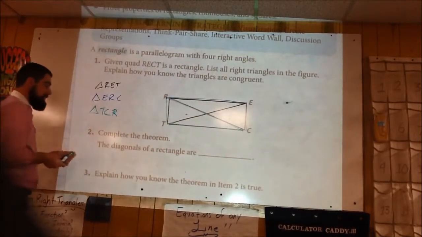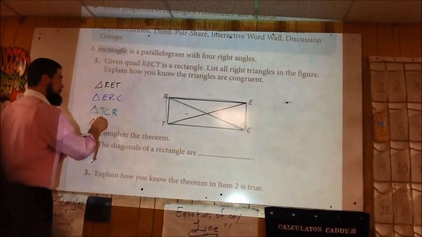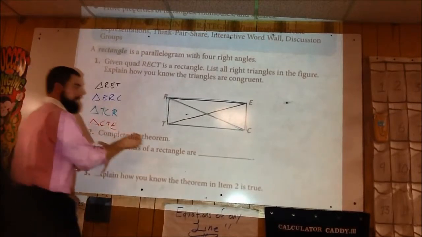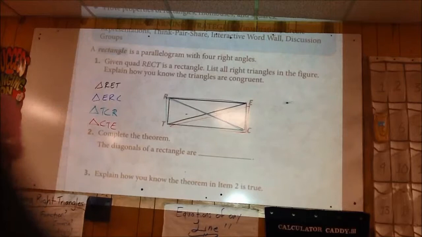And then the last one, triangle CT. Alright, so I've identified these four right triangles. I've put them in different colors, so it's much easier to see them this way.